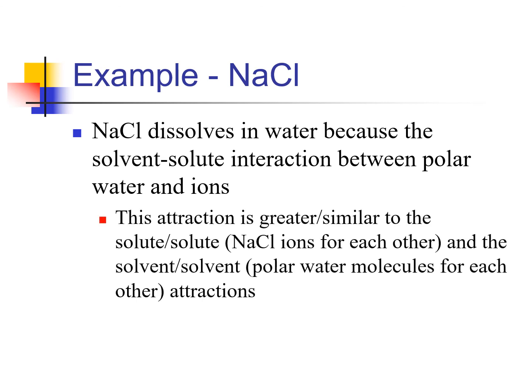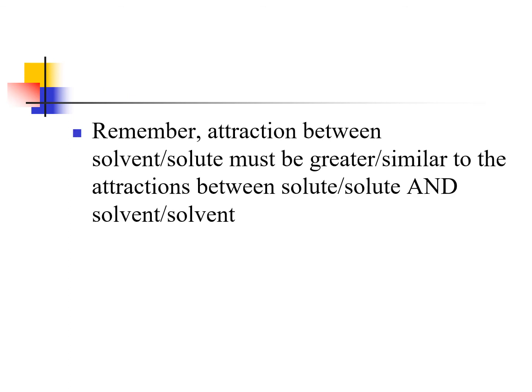That attractive force is similar to the solute-solute, the sodium chloride ion attraction to each other, and similar to the solvent-solvent, the polar water molecules' attraction to each other. Because they're similar, it'll dissolve. So again, it has to be greater or similar to both the solute-solute and solvent-solvent.